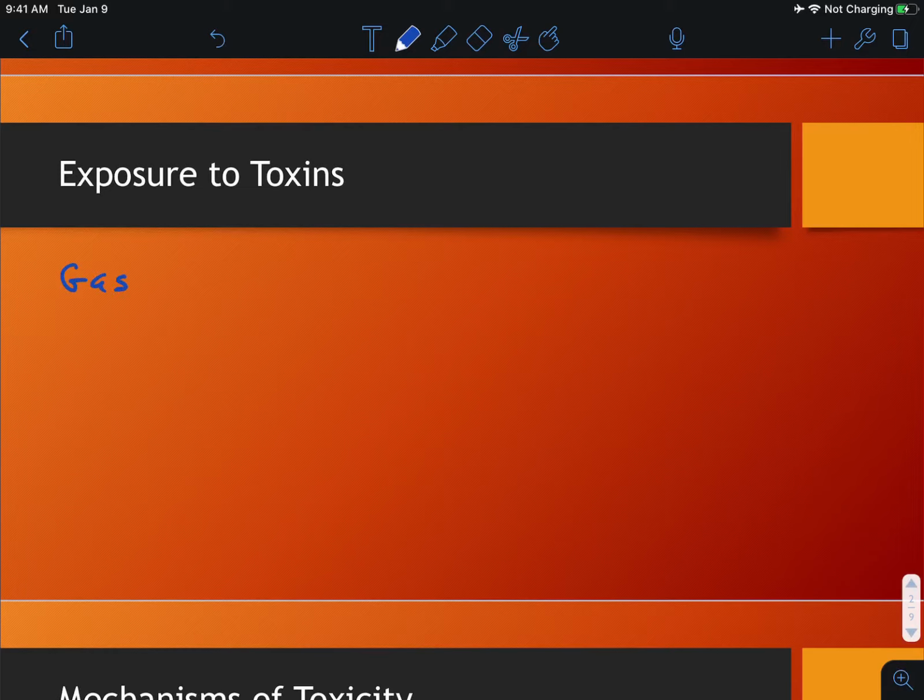So if you ingest something, gastrointestinal, dermal, so on your skin, and then inhaling it, respiratory. So these are, if you will, exposures, how you get exposed.